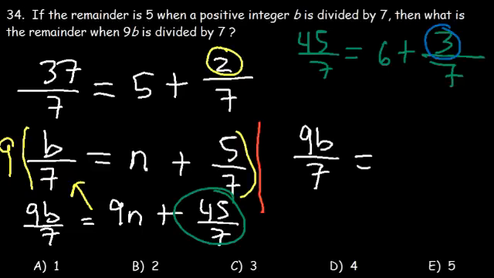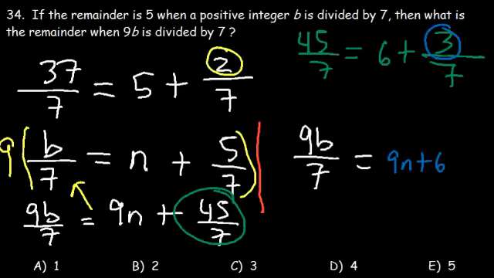So we can rewrite this as 9b over 7. 7 goes into 9b at least 15 times, or 15n, where n is the number of times it can go in. Well, maybe that's not really accurate. I should say 9n plus 6. There we go, that's more accurate.